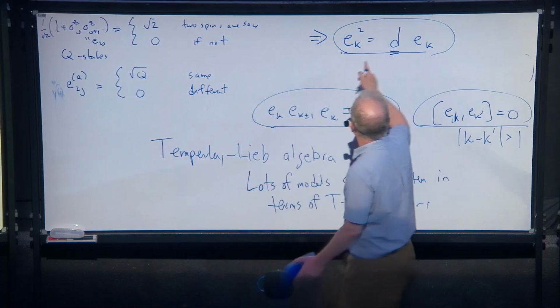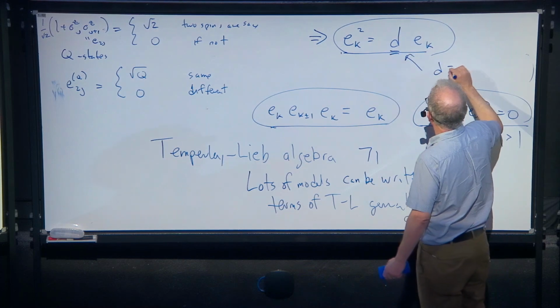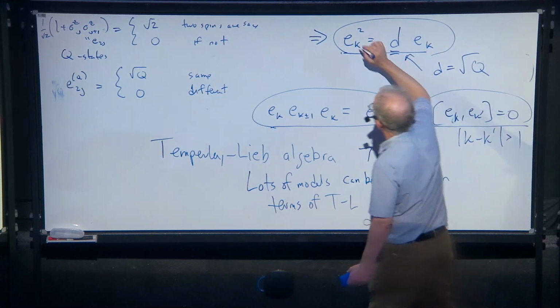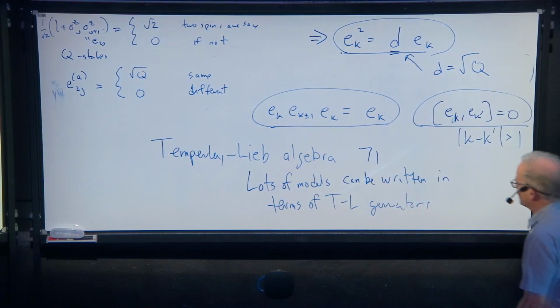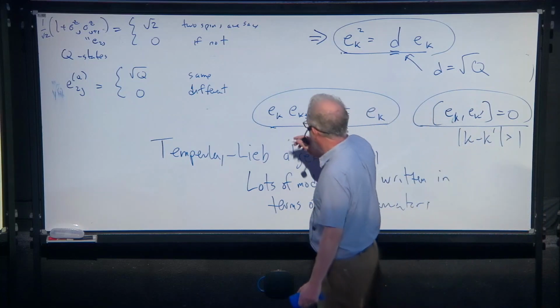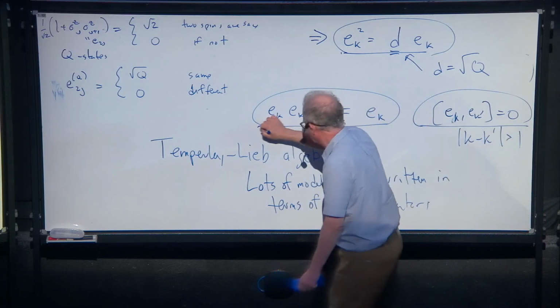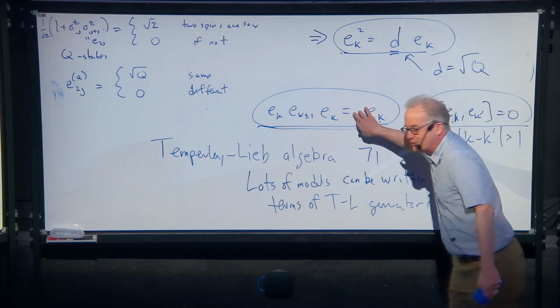So it's obvious again, both of these satisfy this with D equals square root of Q. What's not obvious, but takes a little work to show, not that hard, is it satisfies this as well. That's why the funny square roots of Q, because then there's no coefficients here.